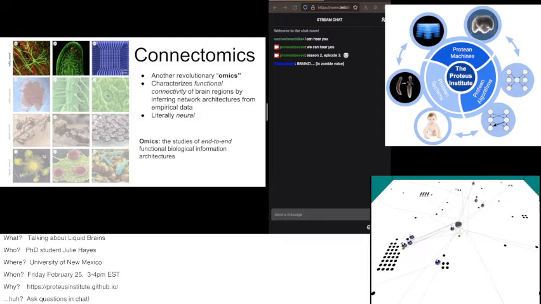So if you think about genomics, from the genome all the way to a protein, what's happening to make that happen. So they characterize a functional connect. These are my sort of high-level definitions.